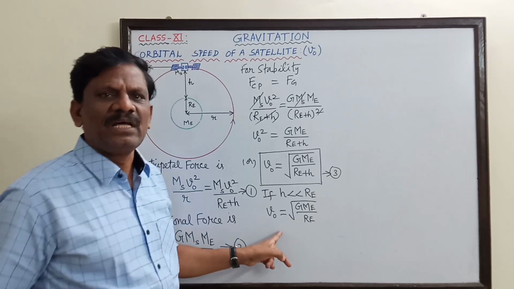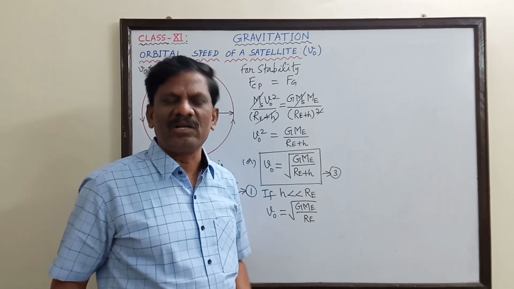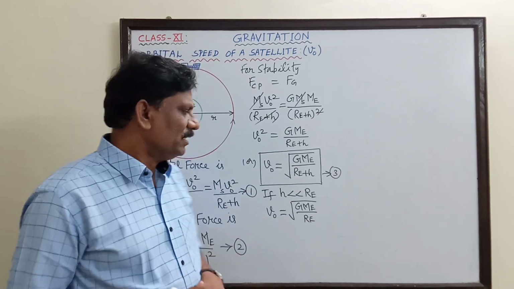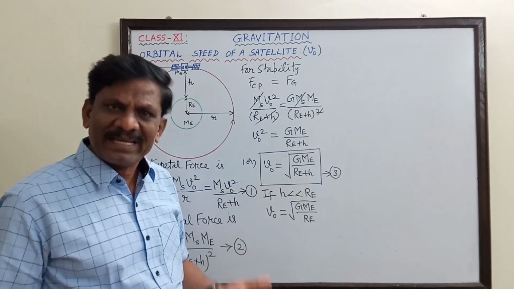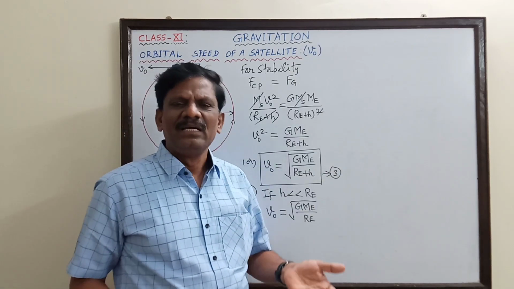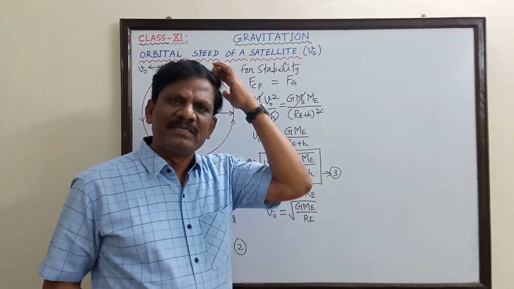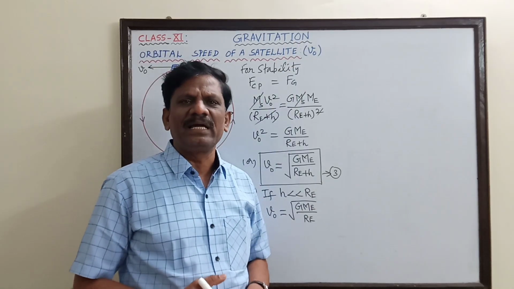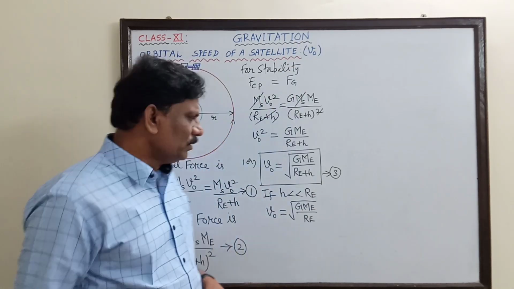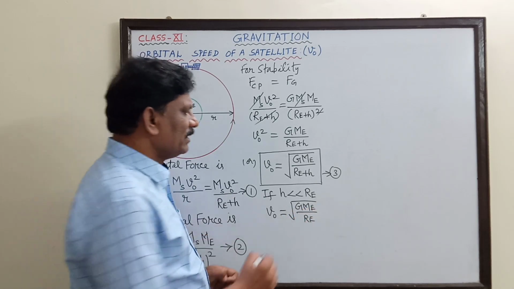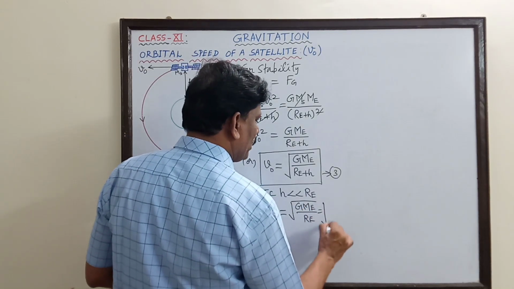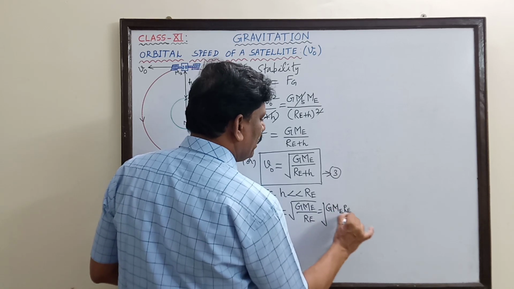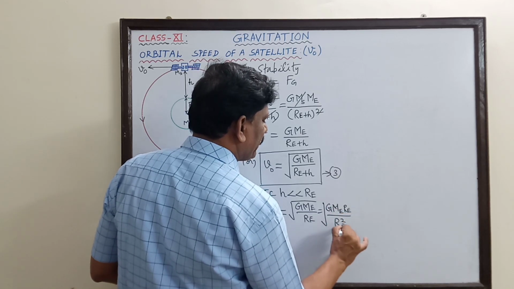Such satellites which are revolving in very close orbital height are called earth satellites. So for them the H can be neglected. H is a few hundred kilometers only. Even if you take a few hundred kilometers, compared to 6,400 kilometers, the height can be neglected. Now, this GM by R can also be written as square root of GM into R divided by R square.